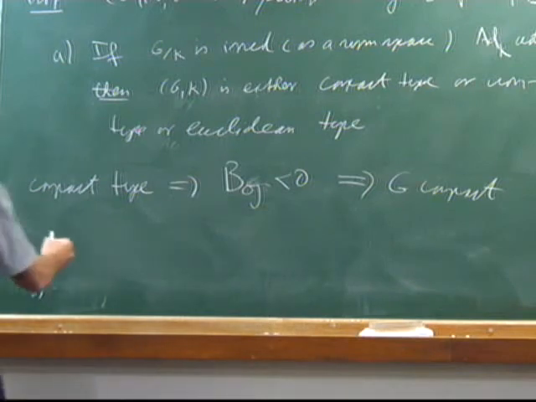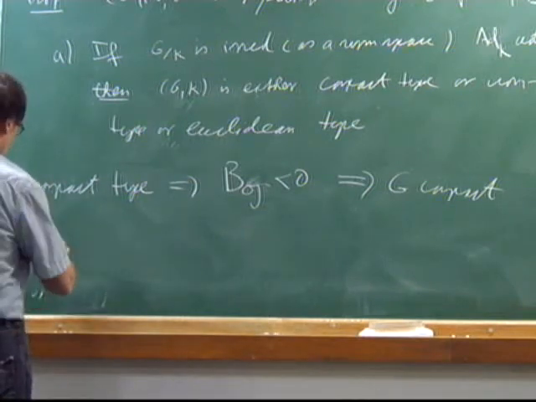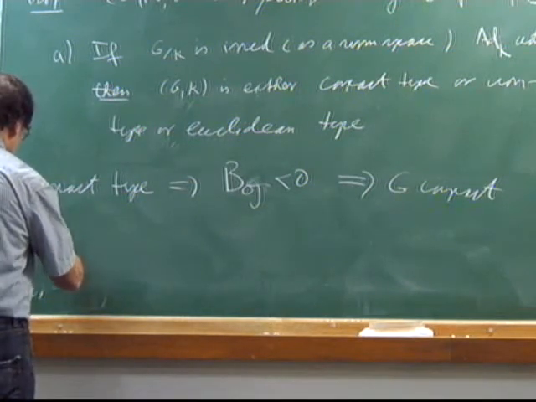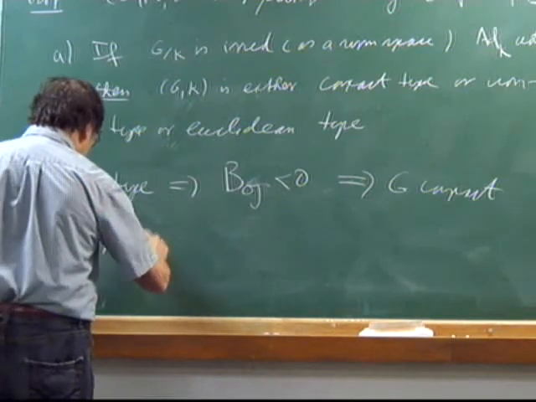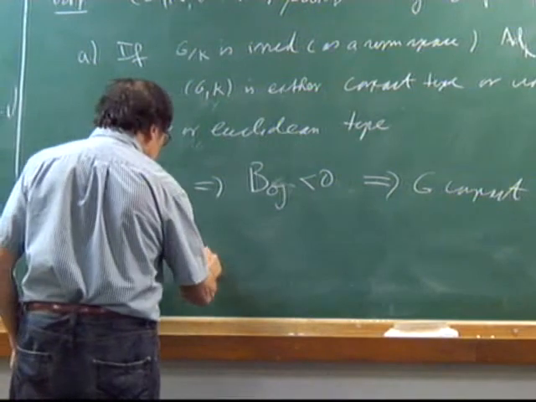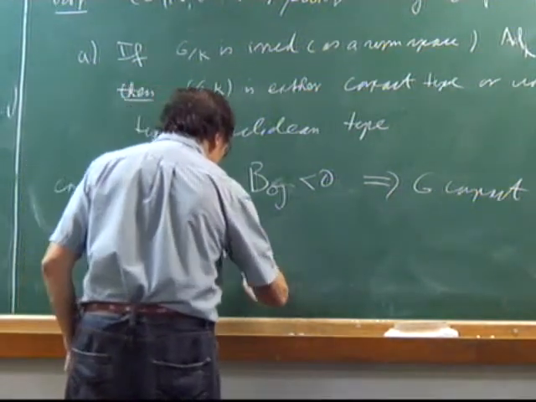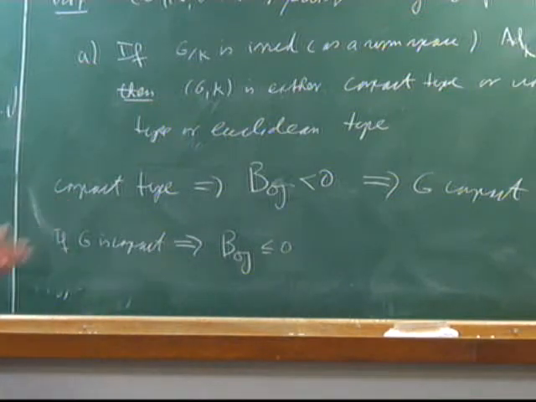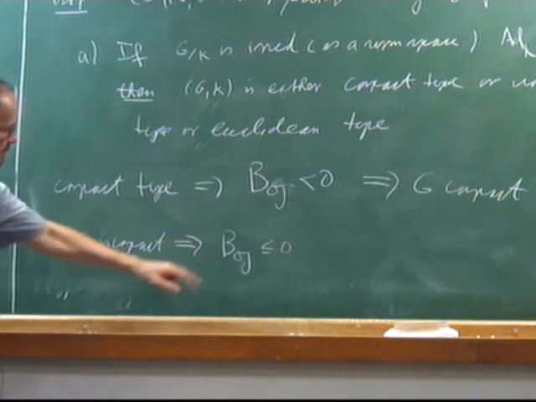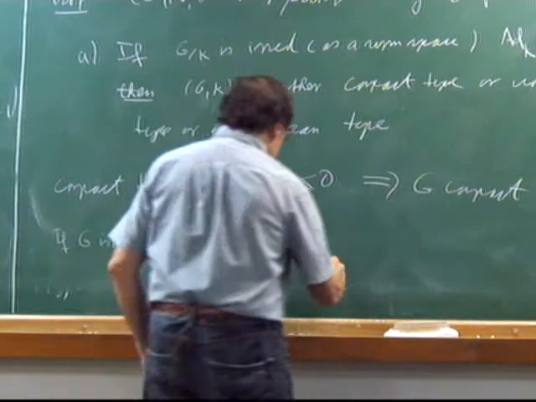And another property we had is that if G is compact, it may not be true that the Killing form is negative definite, but at least it's smaller or equal to 0. Like if G has a torus in it, for example, the Killing form is 0.